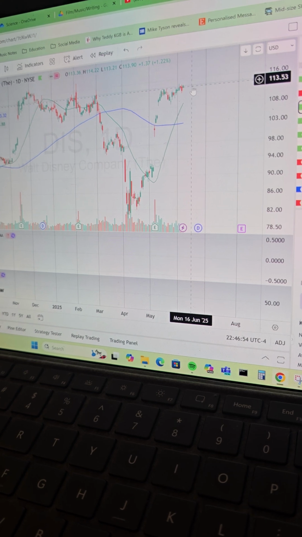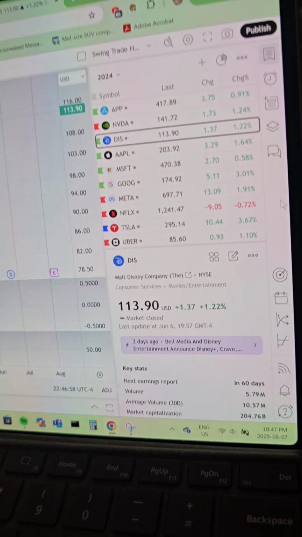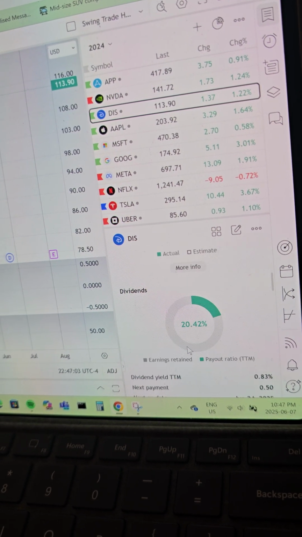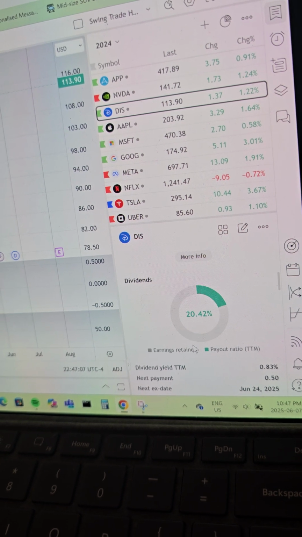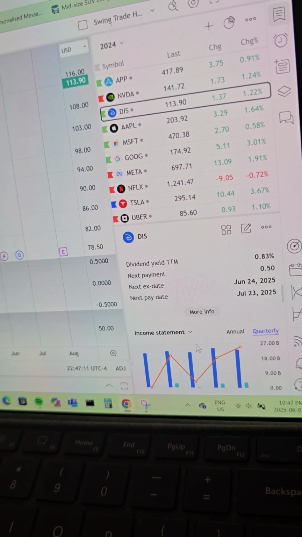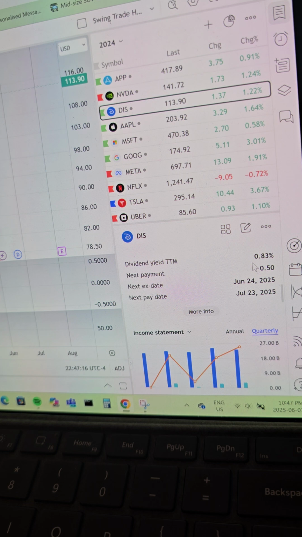So Disney might also be a good buy because now let's look at this again. Beating all its earnings. Paying 20% dividends? Oh, maybe that's why the stock didn't move, because they're paying. No, dividend is 0.83%.